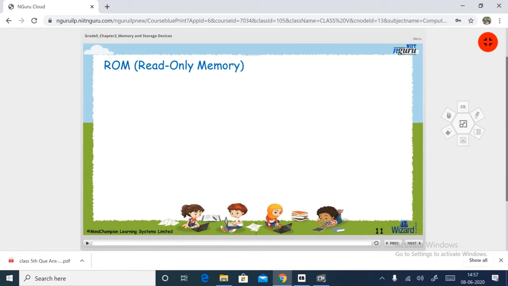Next type is ROM, read only memory. Its full form is read only memory. It stores information that can only be read.